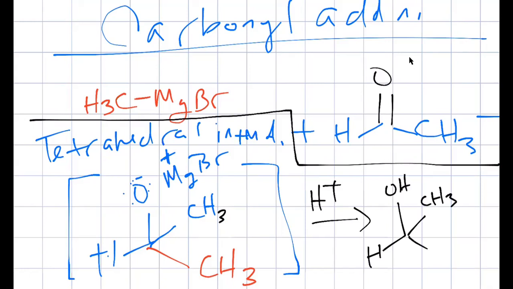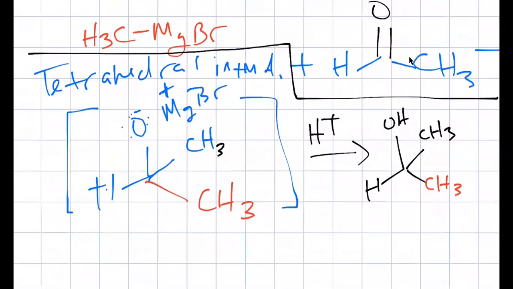And then this CH3 is here. So one of the outcomes of carbonyl addition is the formation of alcohol. You can use the organometallic reacted with a carbonyl to make alcohols. That's one of your key products from these types of reactions.